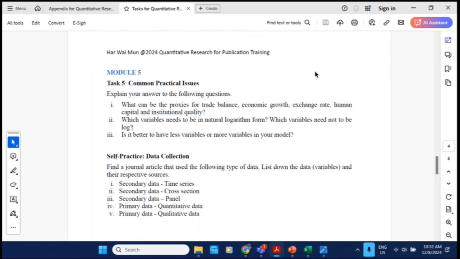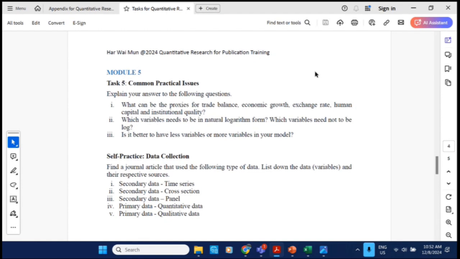So we log it so that you avoid this problem and you standardize it. And when you log it, it's easy to interpret in terms of percentage change. But which variable needs to be logged and which does not? When you log, it is in terms of percentage change, that means those that are already in percentage need no log, right?